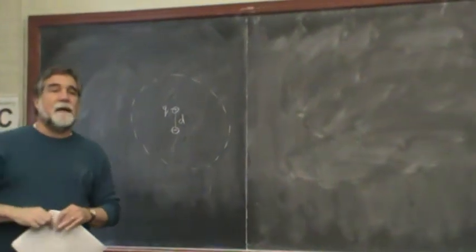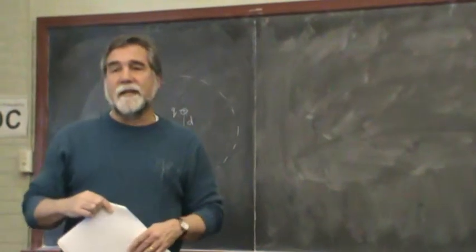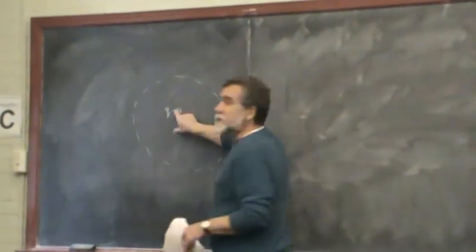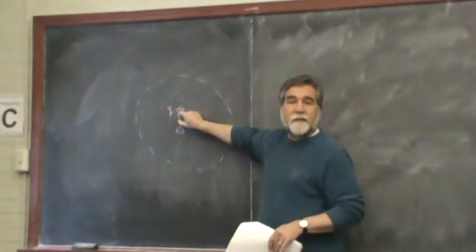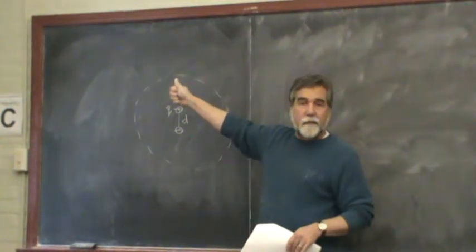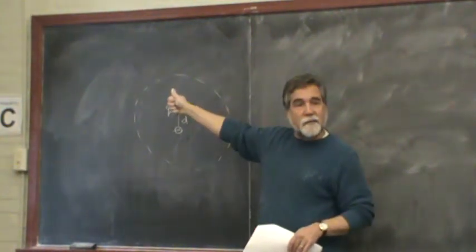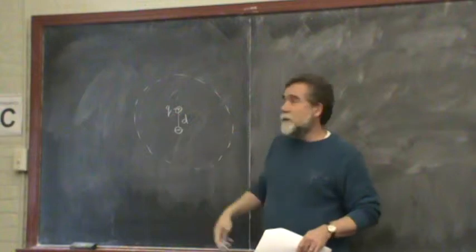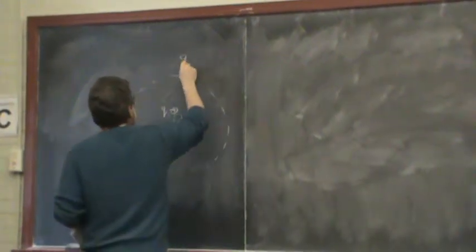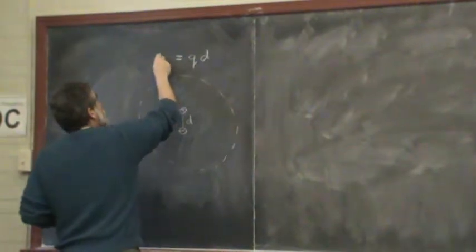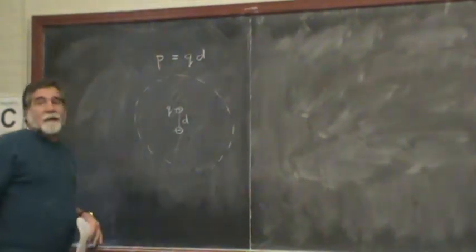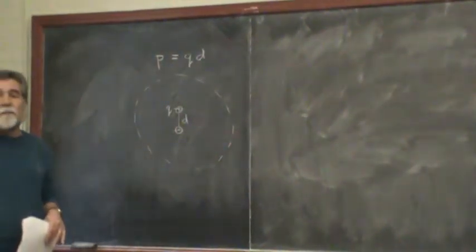But I can play with the strength of the charges and the distance d, so that if I wanted to make these two charges really, really close together, I could increase the strength of the charge, the magnitude of the charges, so as to keep the product q times d a constant. And we define that as the dipole moment.